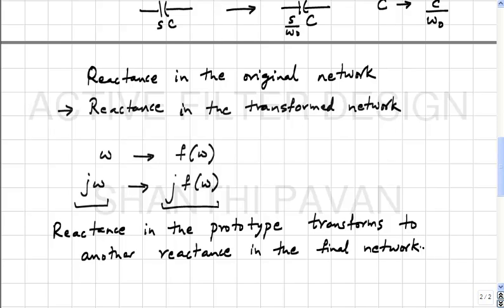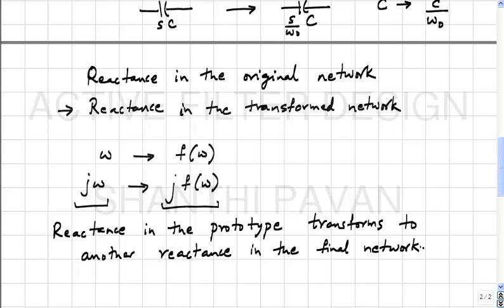Similarly, earlier if you had a capacitor, you are supposed to replace it with a physically realizable element whose impedance goes as 1 over j f of omega, or whose admittance goes as j times f of omega. So we have to figure out which f of omegas are physically realizable. Does it make sense? Okay.